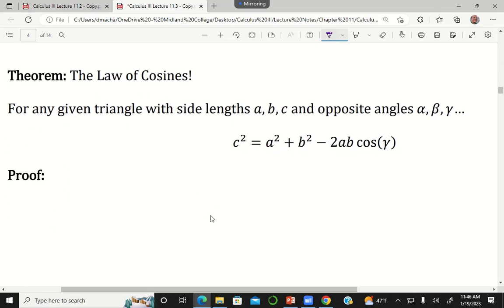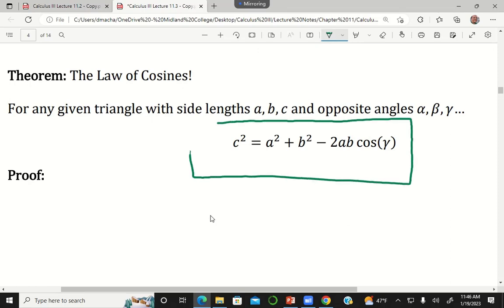But this is one thing that you ought to remember, and I only ever saw this in like 10th grade geometry class, and then I didn't see it again until Calculus 3. And so maybe we've forgotten this, but this is called the law of cosines. And for any triangle, we could label the sides of the triangle A, B, and C for the side lengths.